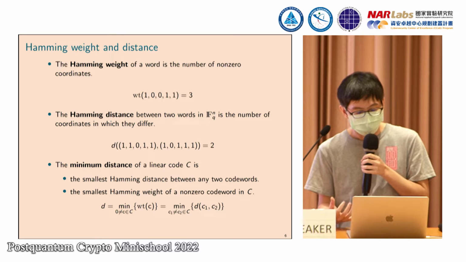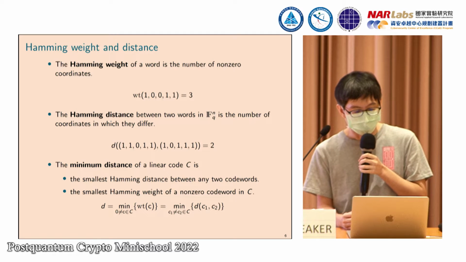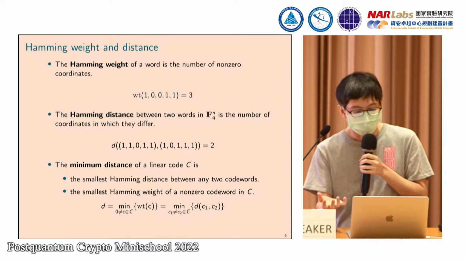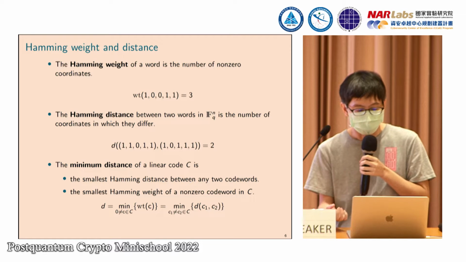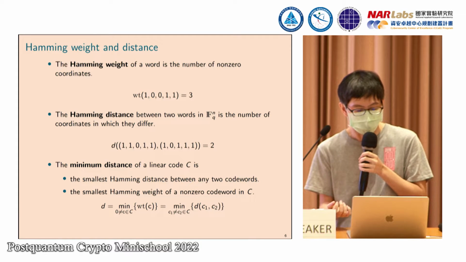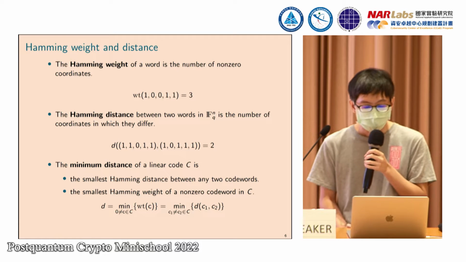And here's the most important term in this slide. The minimum distance of the linear code is, well, I think you can probably guess by seeing the name. This actually means the smallest Hamming distance between any 2 codewords in this code.